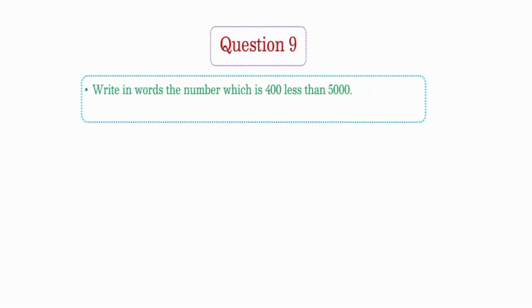Question number 9. Write in words the number which is 400 less than 5,000. Now how would you work it out? You're just going to take 5,000 take away 400. 5,000 take away 400 will give you 4,600.